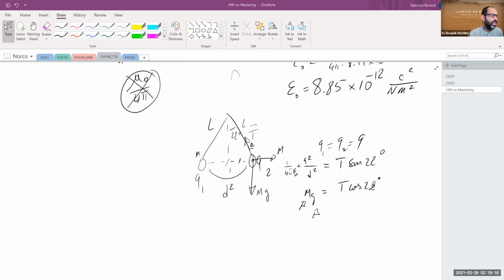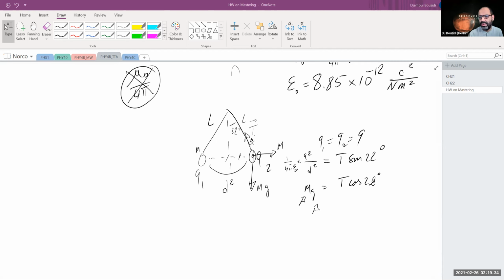The next problem: a charge of negative 2.55 nanocoulombs is placed at the origin of an X and Y coordinate system, and a charge of positive 1.55 nanocoulombs is placed at a position 3.5 centimeters. We have to be careful here, so I have to draw things.